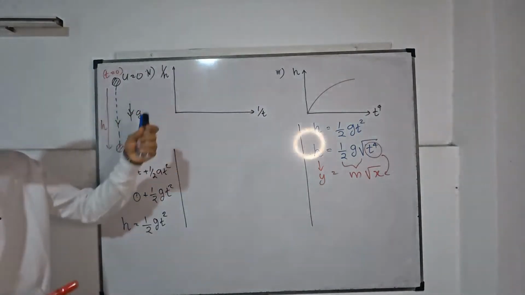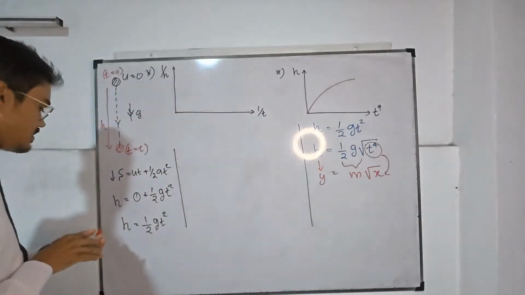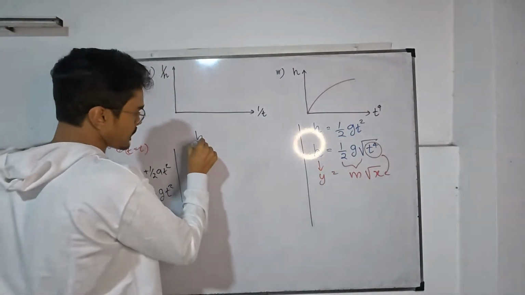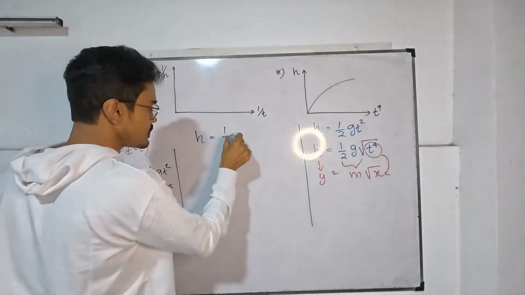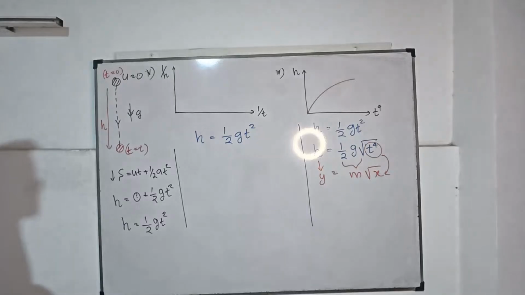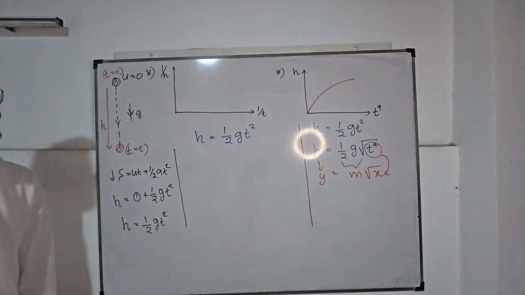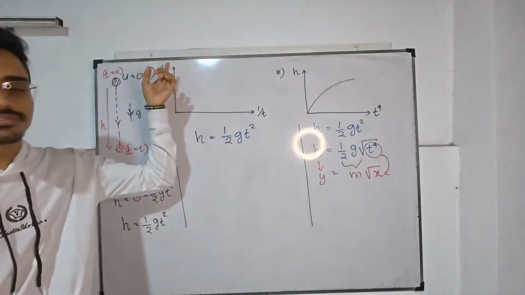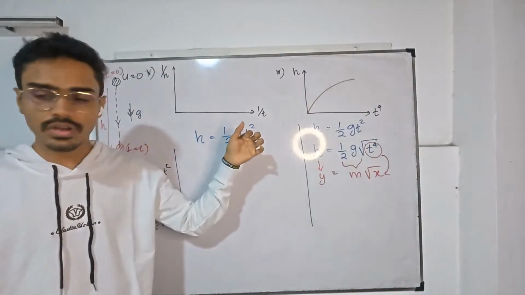My equation is again h equals half g t squared. Okay. Now y-axis is 1 over h and x-axis is 1 over t.